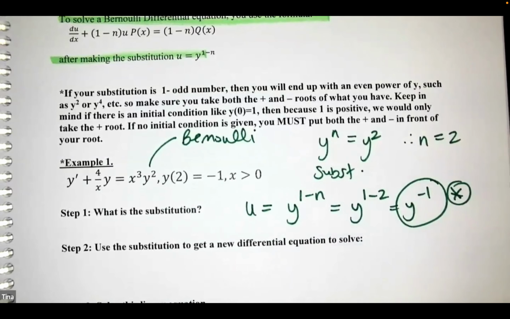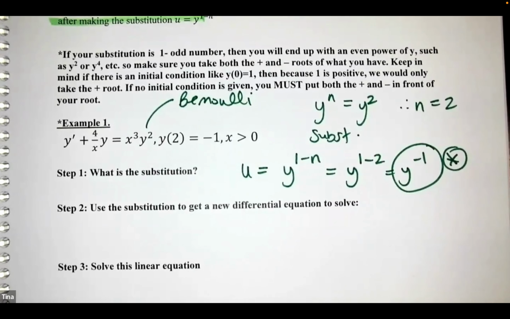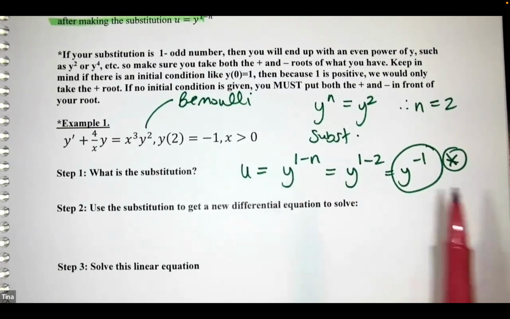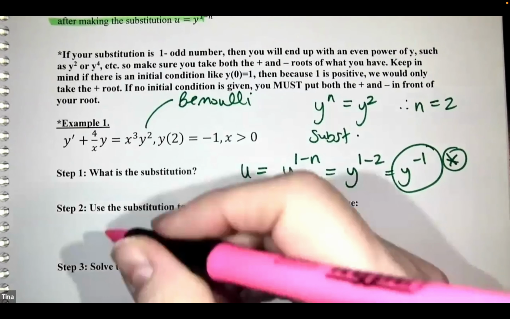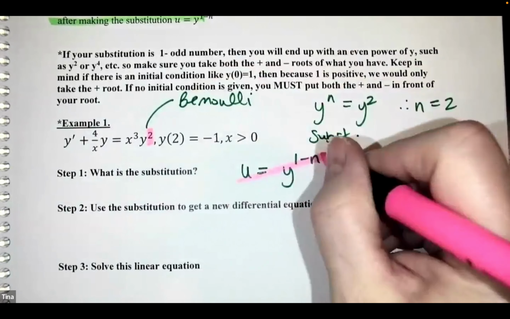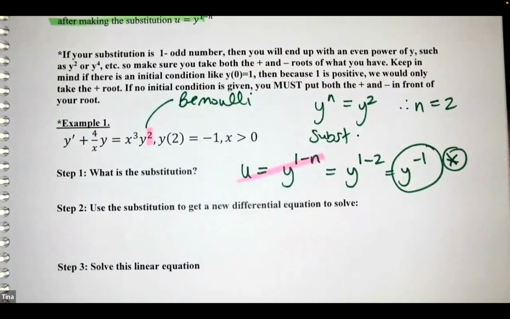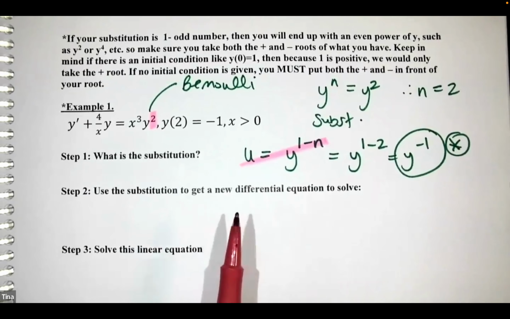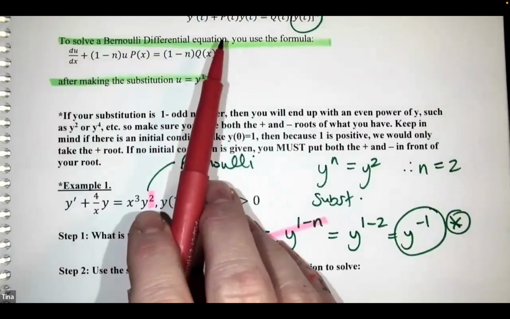That's the substitution that I'm going to make. Then I want to write a new differential equation, and then I'm going to solve it. So first step, use this formula. Same formula every time. Whatever this exponent is, you're going to do u equals y to the 1 minus that exponent.